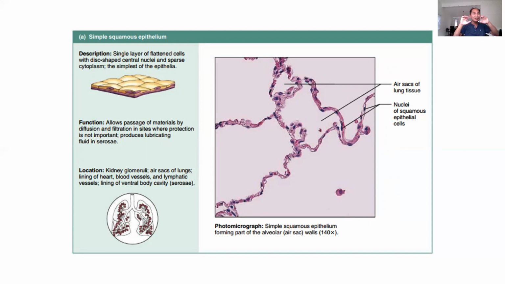These alveoli are lined by simple squamous epithelium so that the oxygen we breathe in can go through this epithelium and into the capillary. And there will be gaseous exchange between oxygen and carbon dioxide. So that is the beauty of simple squamous epithelium. Although they are not useful for protection, they are useful for filtration and diffusion.